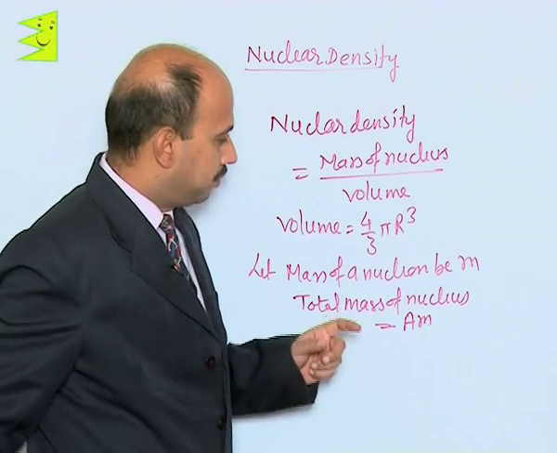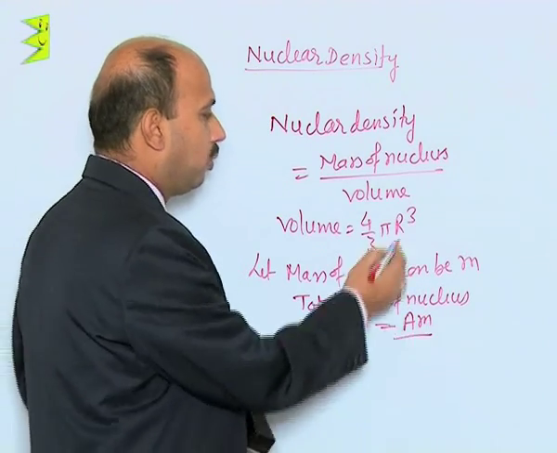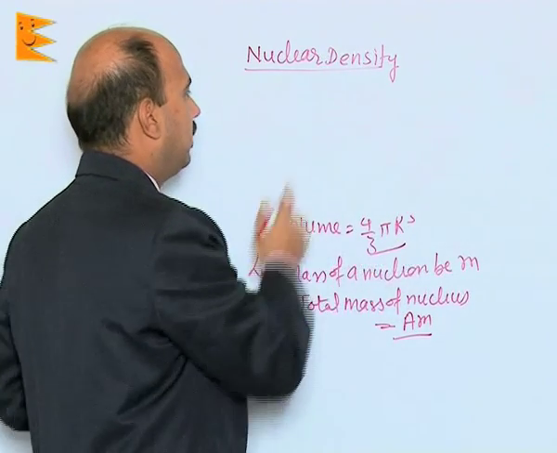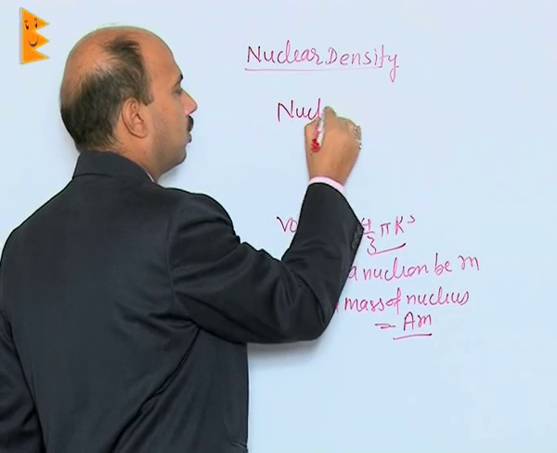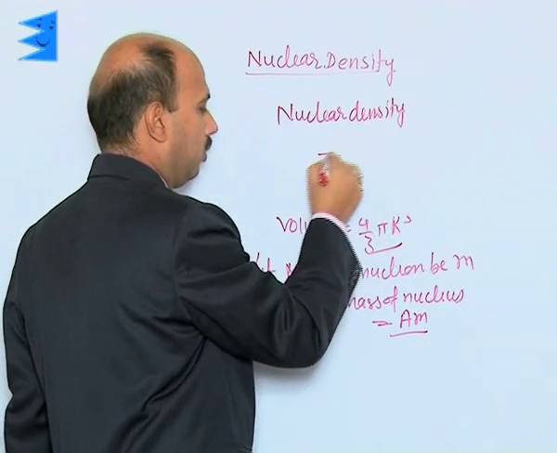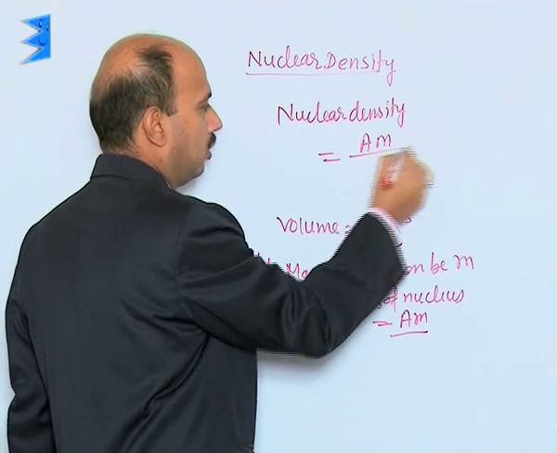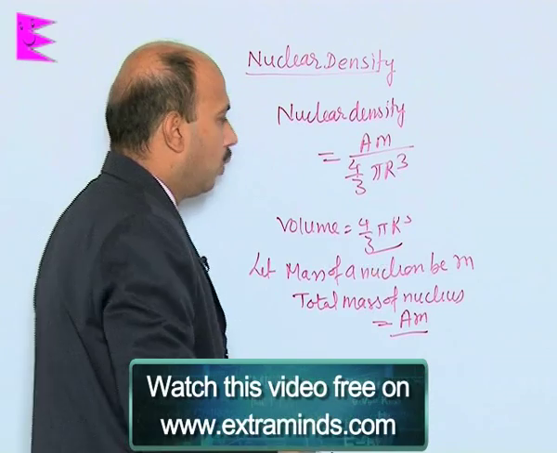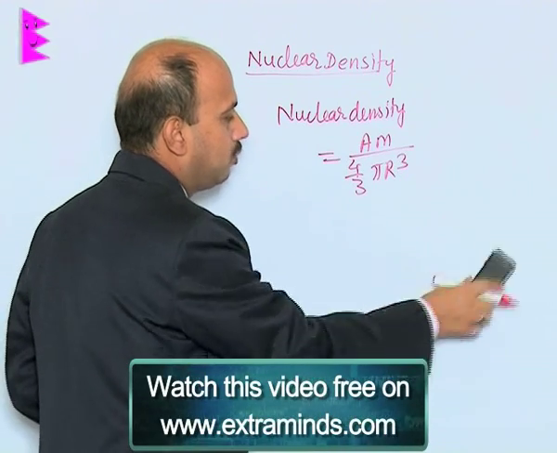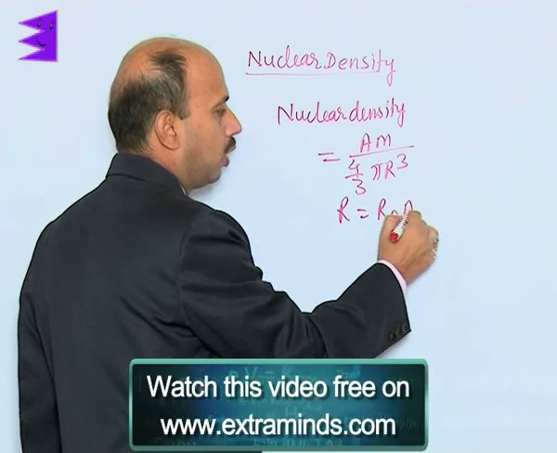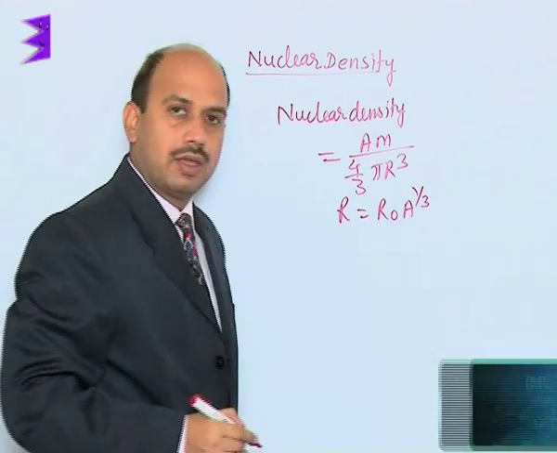Now we can write, this is the total mass of the nucleus and this is the volume. So nuclear density is equal to Am upon 4 upon 3 pi r cube, where r is the radius which we have already calculated. R is equal to r naught A raised to power 1 upon 3.